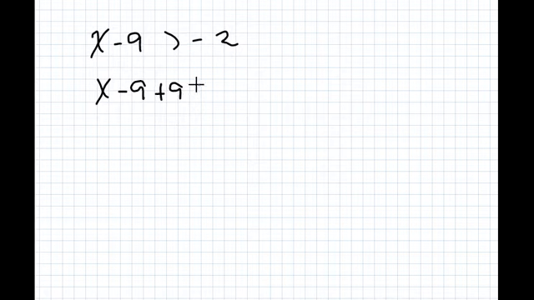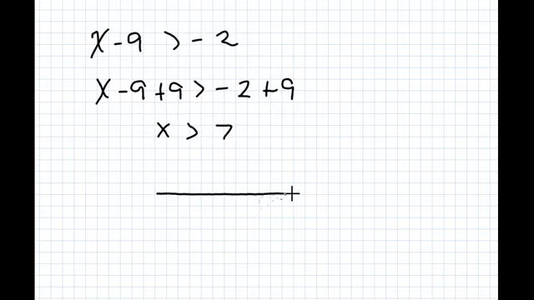All right, let's look at another one. We have x minus 9 is greater than negative 2. I'm going to add 9 to both sides, and we're left with x is greater than 7. Now let's draw a graph.